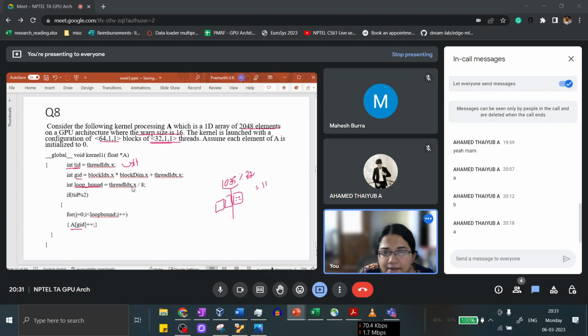Now let's calculate loop bound. Loop bound is 11 divided by 8, and since this is an integer division, it goes to 1. Now if TID mod 2, 11 mod 2 is 1, so the if evaluates to true.